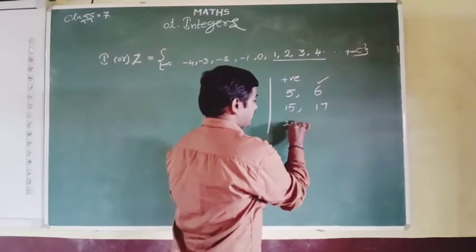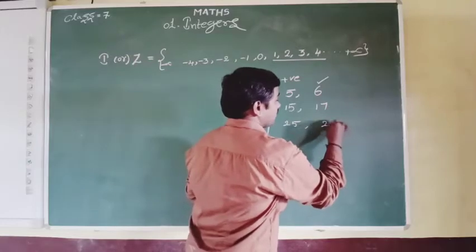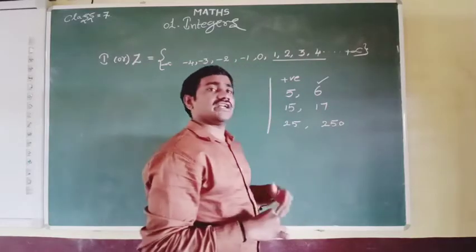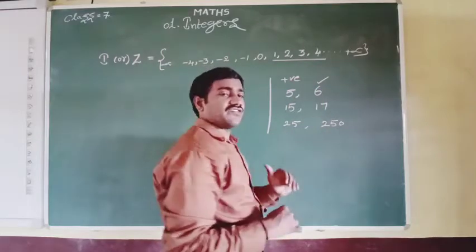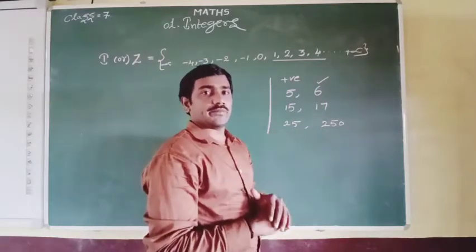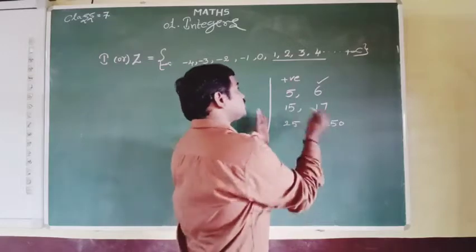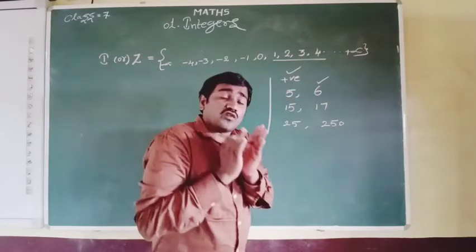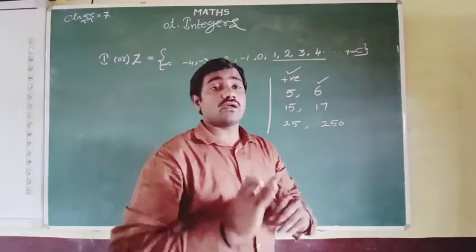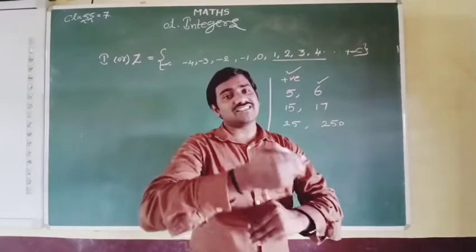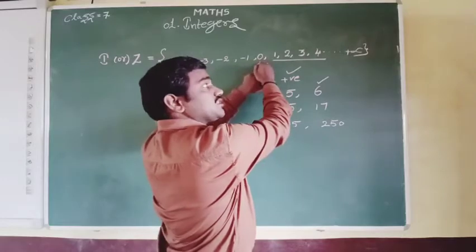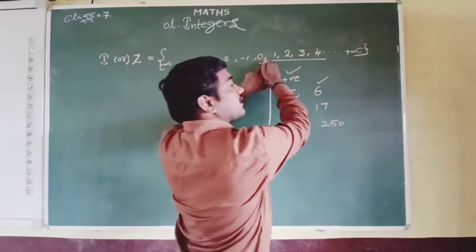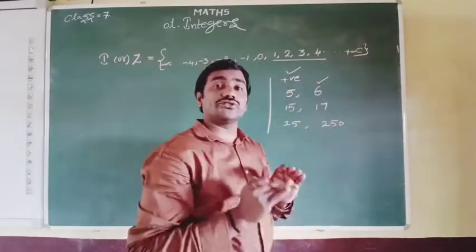Okay, 25 and 250. Which is a greater number here? 250 is a greater number. 25 is the smaller number. So in positive numbers, it is very easy to identify what is the greater number and what is the smaller number. And 0 is the smallest number compared to all positive numbers.